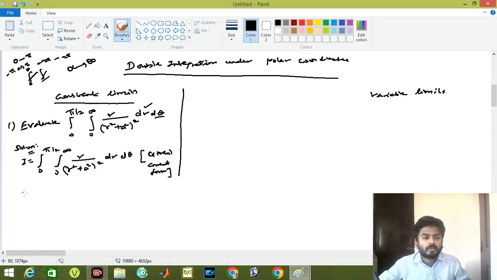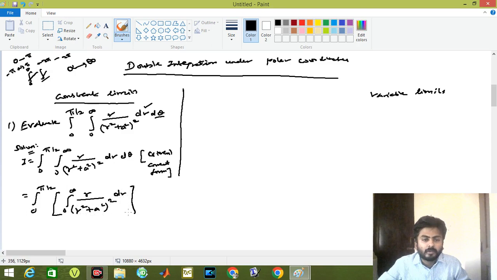Now we have to keep the external limit as it is, and integrate the inner integral. So integral 0 to infinity r divided by r square plus a square the whole square dr, into d theta. So that is equal to integral 0 to pi by 2.